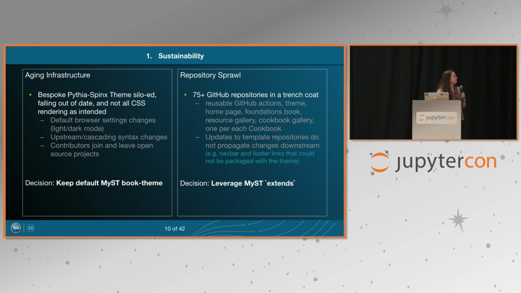Another reason is repository sprawl. So this summer, I counted 75 plus repositories in our organization. Every single cookbook is its own repository, and that is necessary because it's launchable on Jupyter Hub. It needs to have its own environment file so people can interact with it.